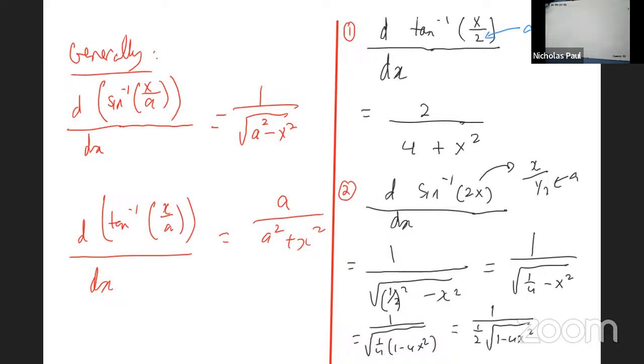You can flip the half on top and it becomes 2 over the square root of 1 minus 4x squared. So you have to be able to simplify it all the way. Square the half, you'll get a quarter, factor out the quarter, then square root the quarter and flip it over.